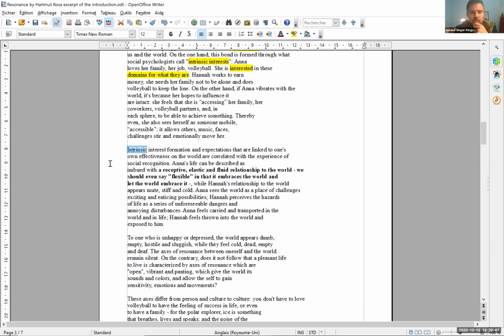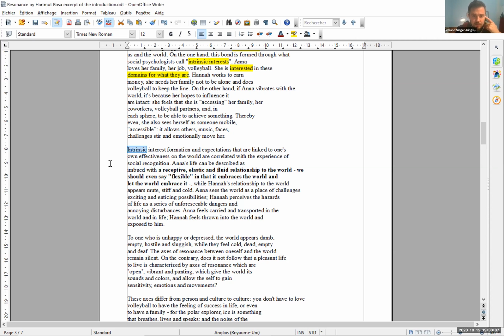Where are we? Intrinsic interest formation and expectations that are linked to one's own effectiveness on the world are correlated with the experience of social recognition. Anna's life can be described as imbued with a receptive, elastic, and fluid relationship to the world.